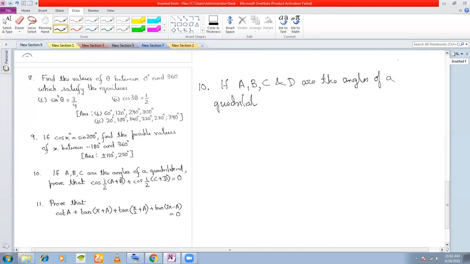What is the sum of the angles of a quadrilateral? 360 degree, right? A plus B plus C plus D must be equal to 360 degree. Let us write in terms of pi. How much is 360 degree? 2 pi.